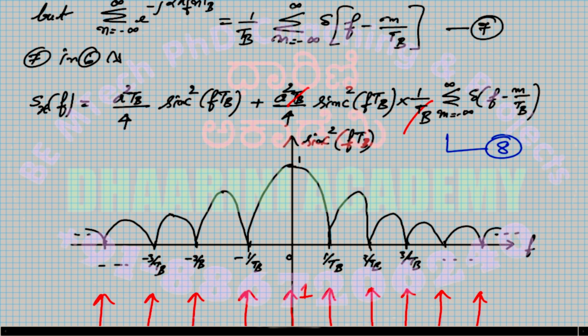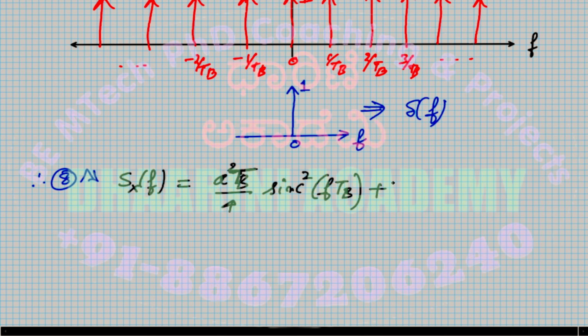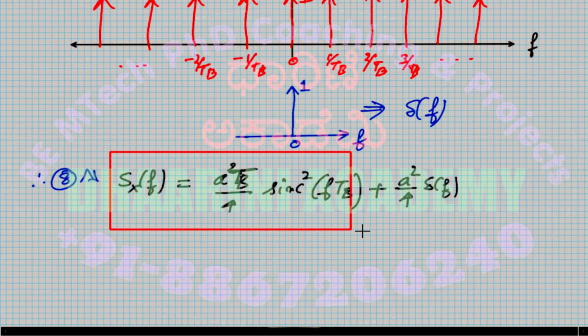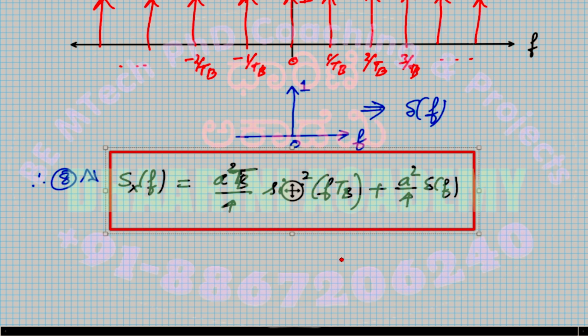What is the constant? The constant is only A squared by 4, so A squared by 4 into the delta of f. So this is the final answer that indicates how much power is present at each frequency if you use the NRZ unipolar format.